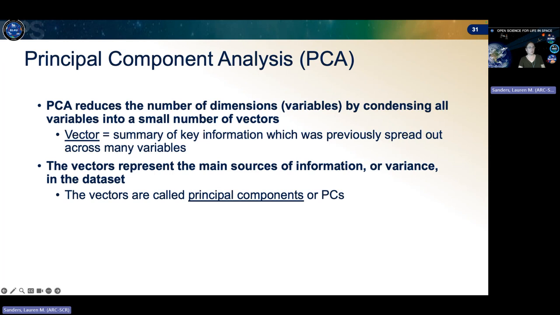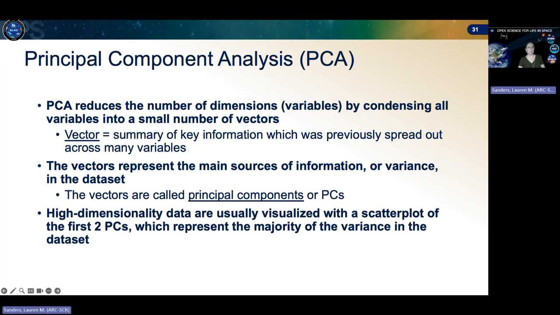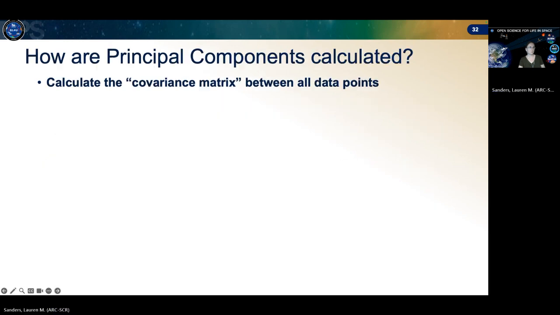And these vectors are called principal components. We often abbreviate this to PCs. And high dimensionality data, like gene expression data, are usually visualized using a scatter plot of the first two principal components. So we assume the first two principal components will usually represent a majority of the variance in the data set. And I'll show you what that means in a second.